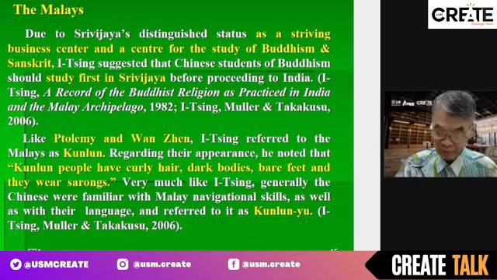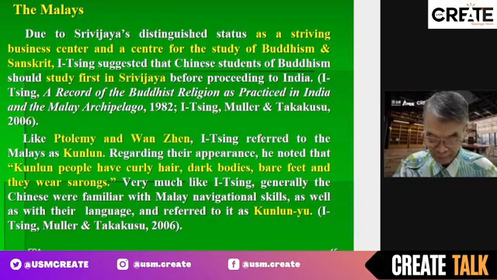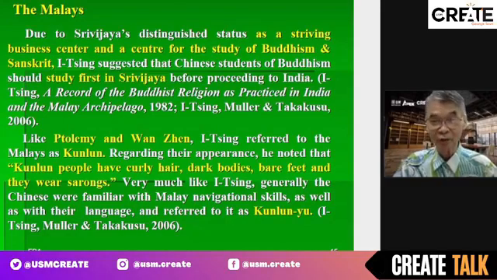Regarding their appearance, he noted that Kunlun people have curly hair, dark bodies, bare feet, and they wear sarongs. I'm not sure whether the word sarong came from him or from people who edited his work later on.